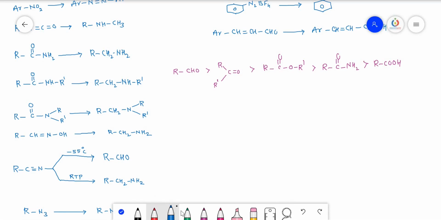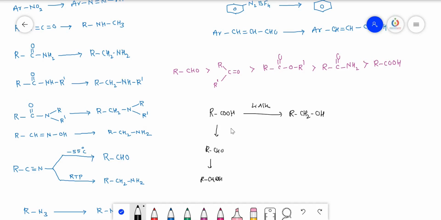So there was one question: which is the preferable method to convert the carboxylic acids to their respective alcohols using lithium aluminium hydride? The acid will initially be converted to the CHO, then to the CH2OH.